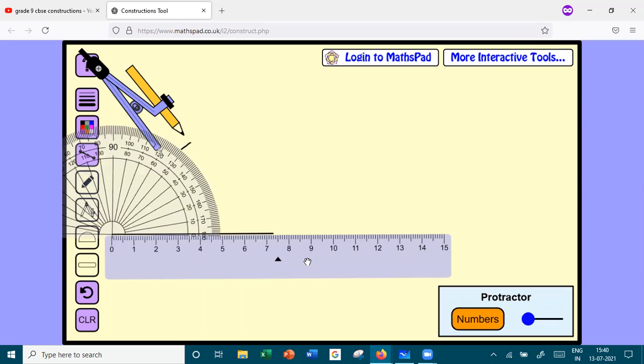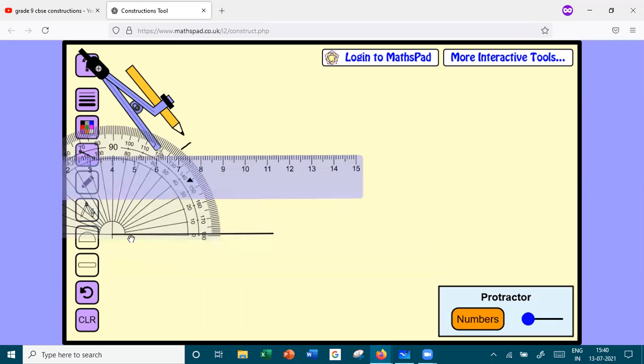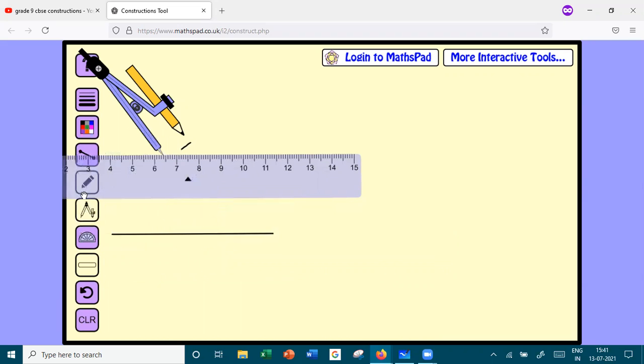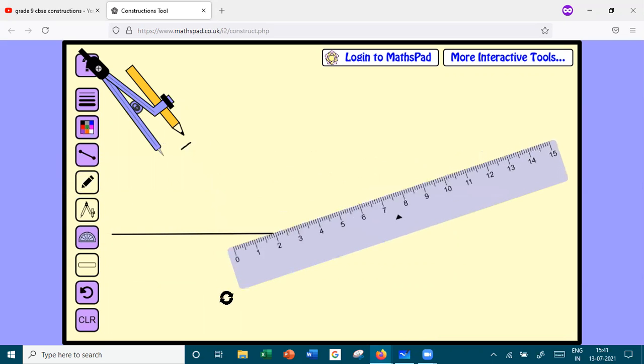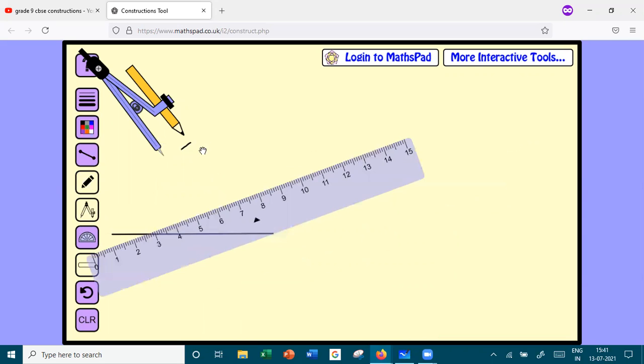Okay, suppose I have given you this angle, right? This is an angle.